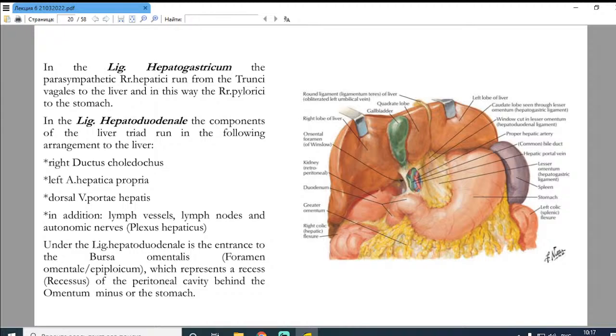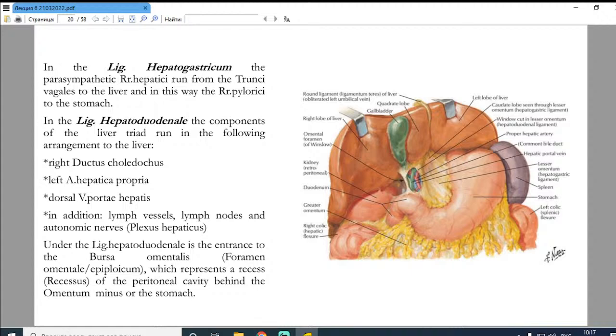Under the ligamentum hepatoduodenale is the entrance to the bursa omentalis, foramen omentale or foramen epiploicum, the bursa omentalis, which represents a recess of the peritoneal cavity behind the omentum minus and stomach.